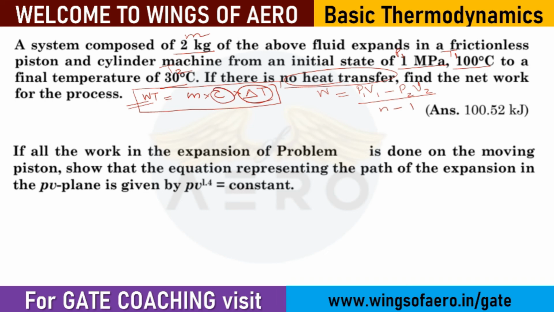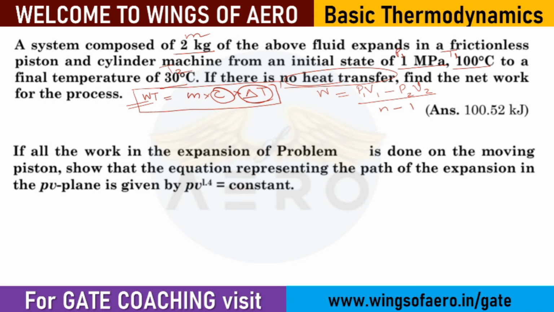Now, specific heat, when you are using it here, which specific heat will you use? Whether you will use the constant pressure process or the constant volume process. Change in specific heat for a constant volume process or constant pressure process.